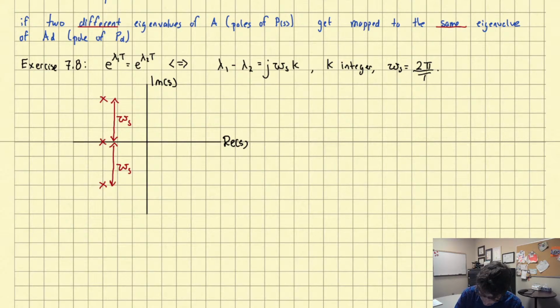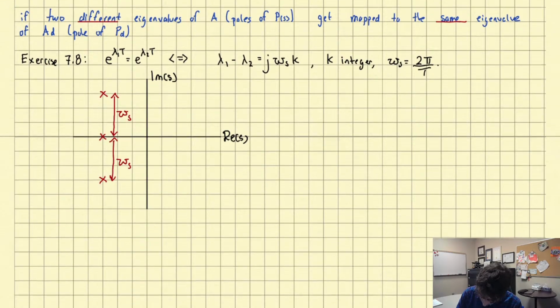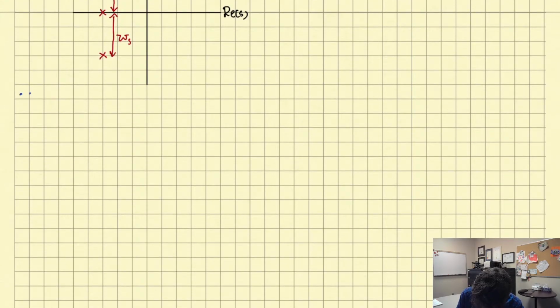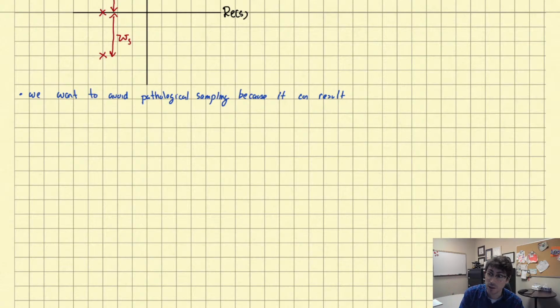Okay, so the point here is we want to avoid pathological sampling because it can result in behavior of the sampled data system which is not captured by the discretization.